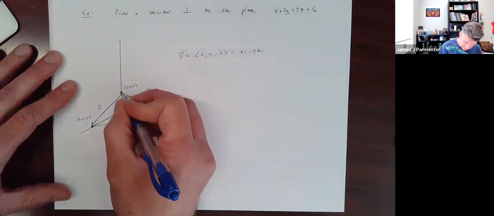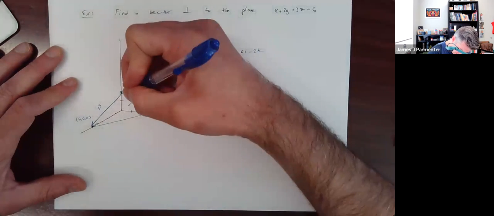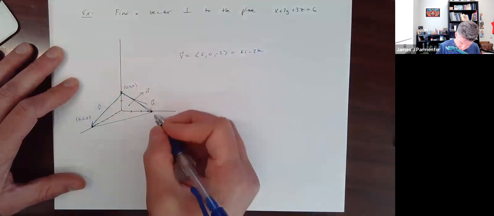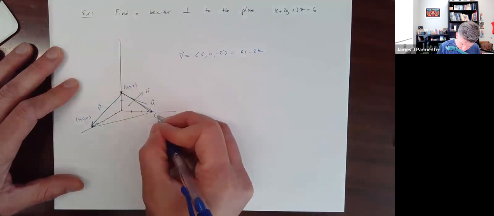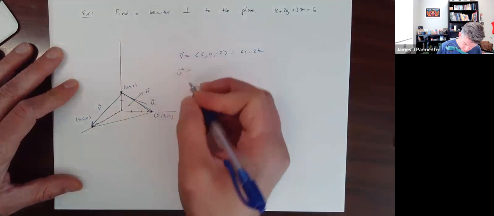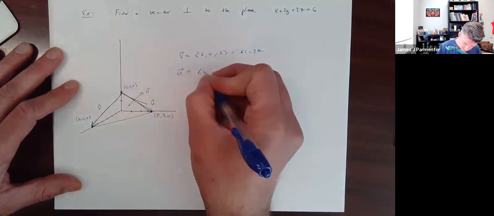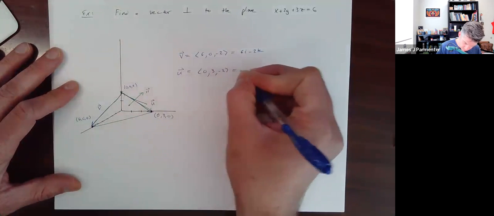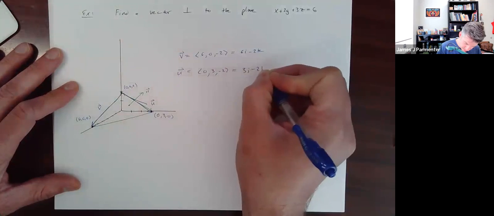And then let's say this is my vector u. So that's my vector u, starting at 0, 0, 2 and ending at 0, 3, 0. So u is the vector 0 minus 0, 3 minus 0, 0 minus 2, or 3j minus 2k.